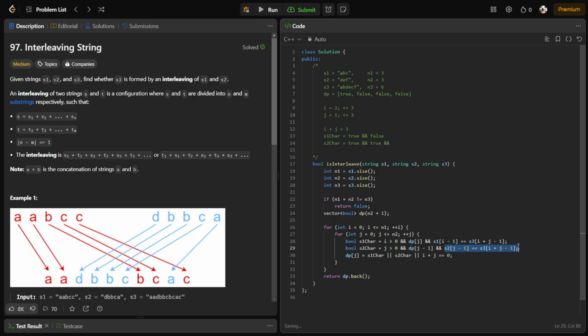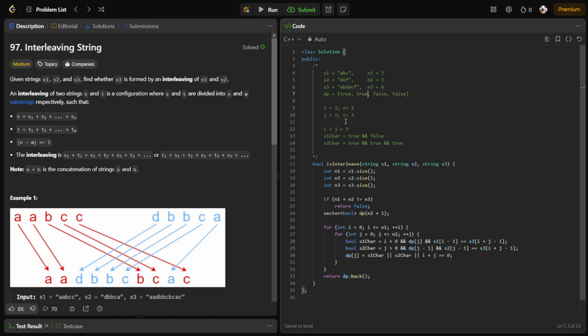What about this? Is 1, 0, s2[0] is d. 3 minus 1 is 2. s3[2], 0, 1, 2 is d, right, which means this is true. And dp[i][j], 1, 0, 1 means this is true as well.